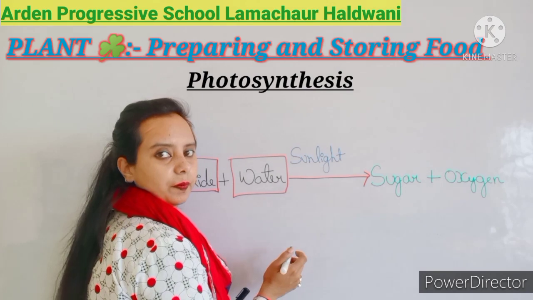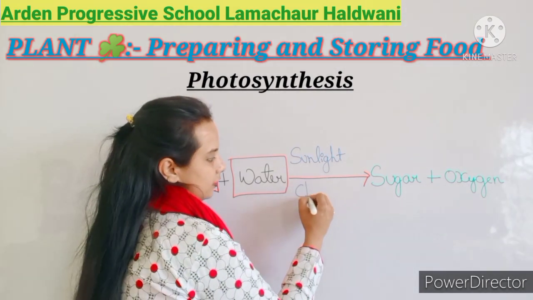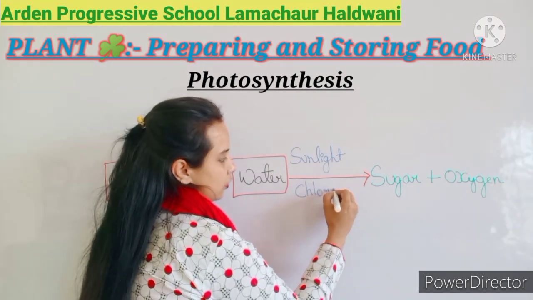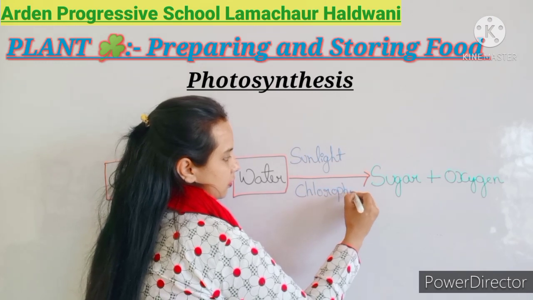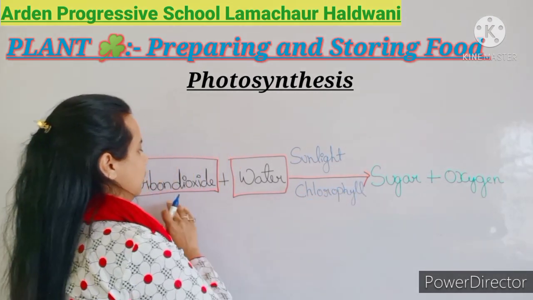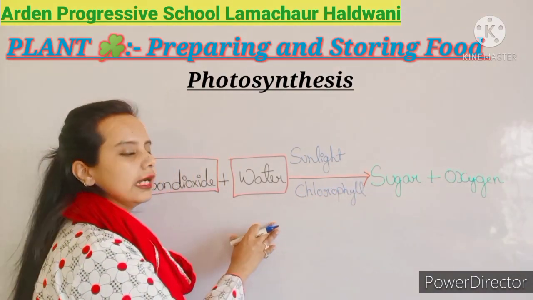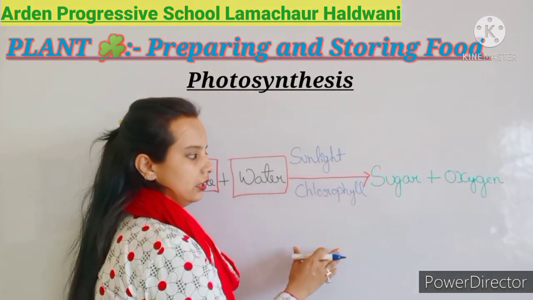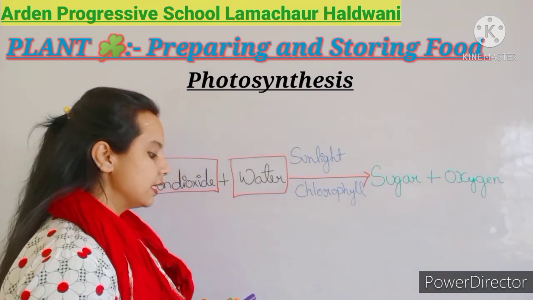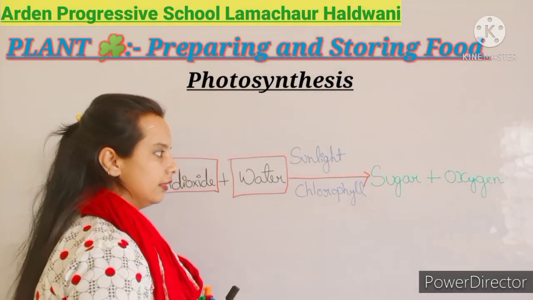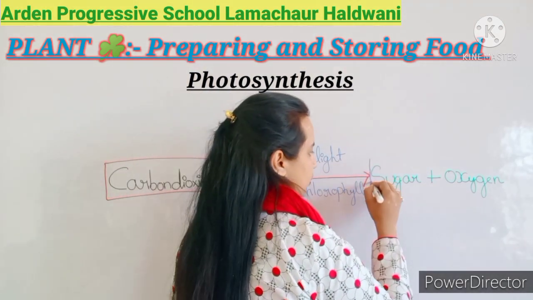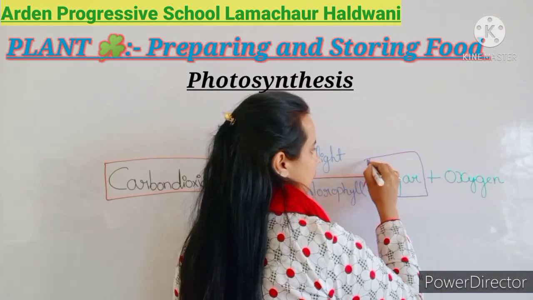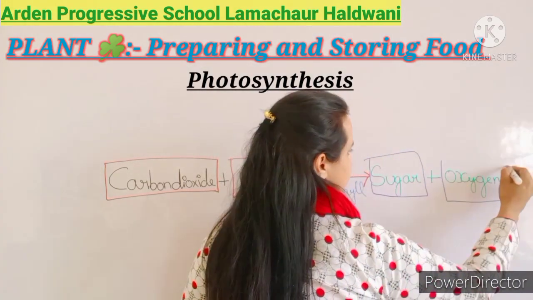So, the carbon dioxide and water mix together in the presence of sunlight and chlorophyll, and as a result, it gives sugar and oxygen.